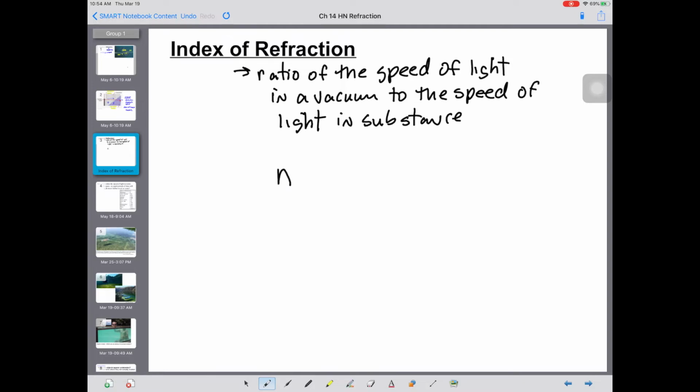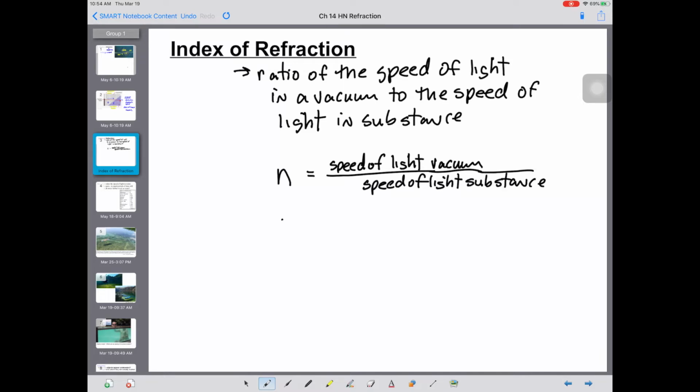The symbol for the index of refraction is a capital N. Now, in symbols, n is your index of refraction, c is the speed of light in a vacuum, and v is the speed of light in your substance.